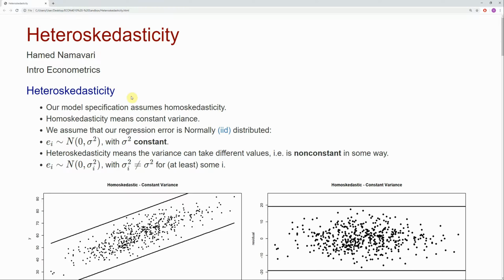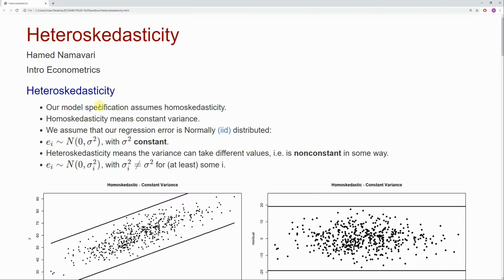As opposed to a homoskedastic situation, when you have constant variance and a homogeneous pattern when you look at the variance of your data.